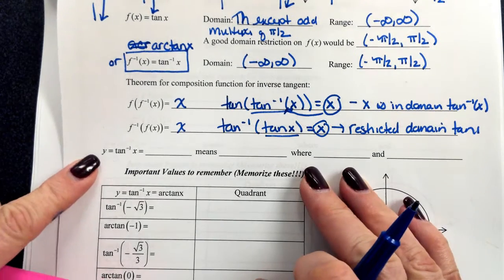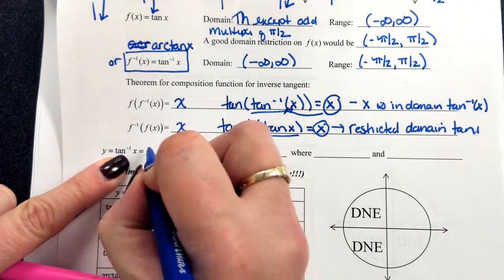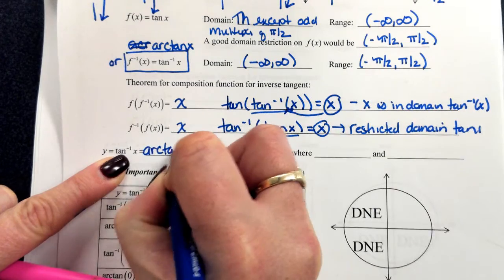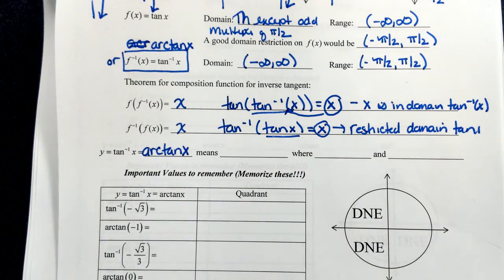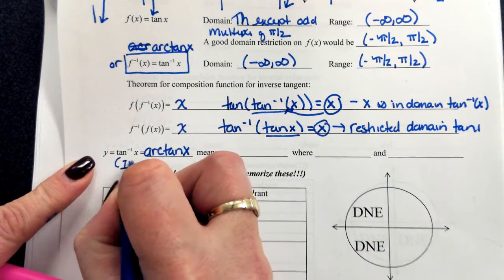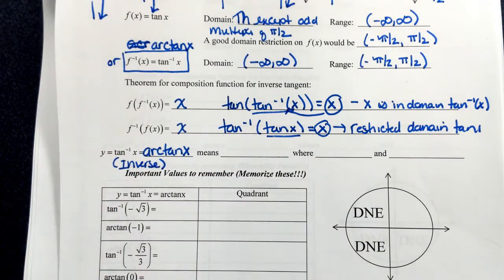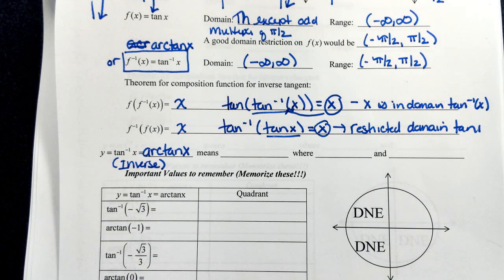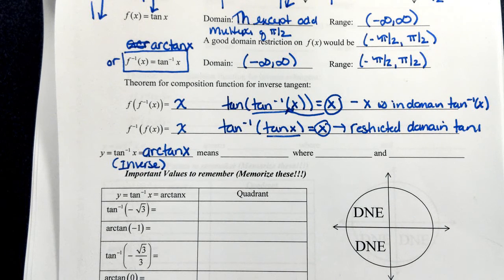Remember, another notation when you see this negative 1 exponent is arctan of x. Arctan and this negative 1 exponent are both notations for your inverse. Some books will use one over the other, or they may use both, so you just have to understand that it's a different notation.